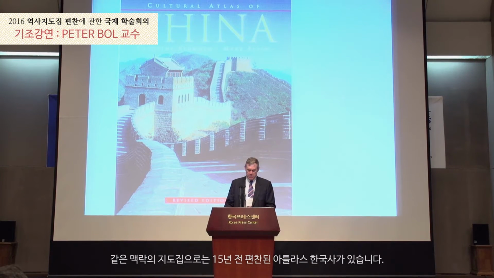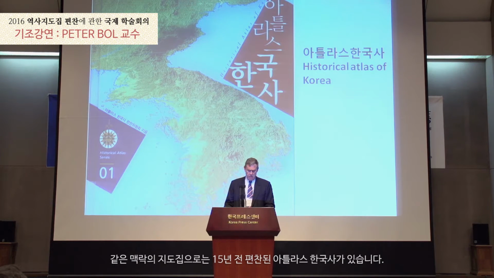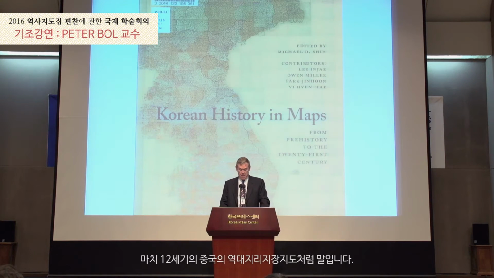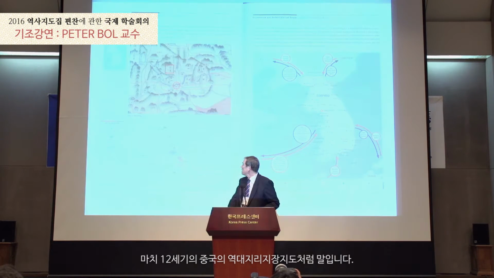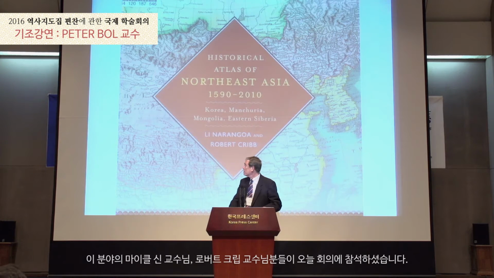I think the same could be said of the 3 historical atlases of Korean history that have appeared in the last 15 years. These are all works of history and geography, just like the 12th century, and Michael Shin and Robert Cribb are both here at this conference, by the way.